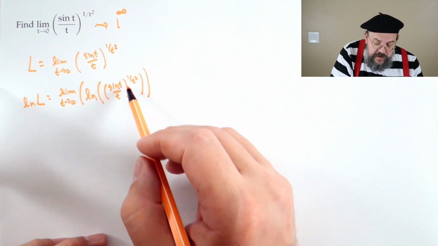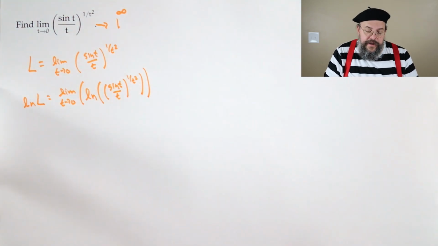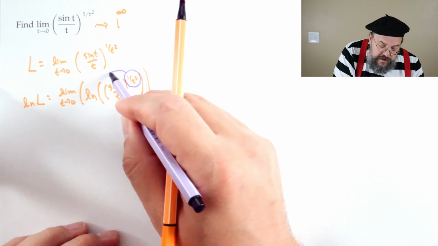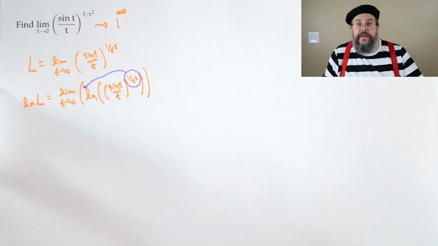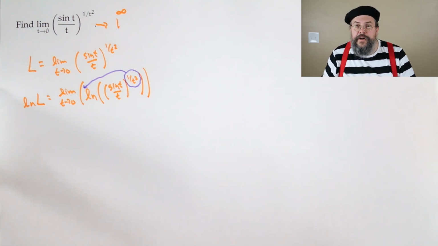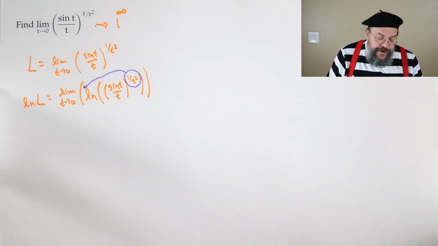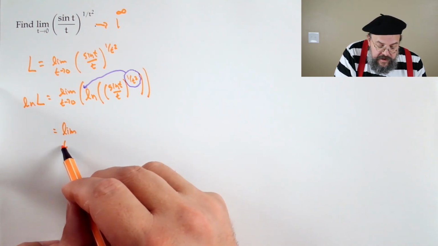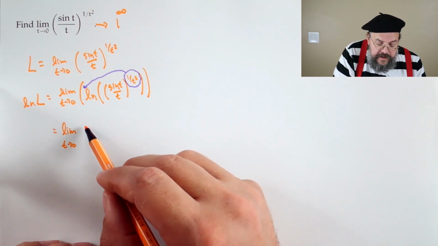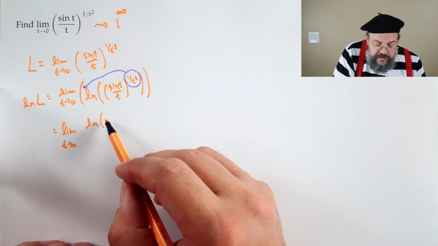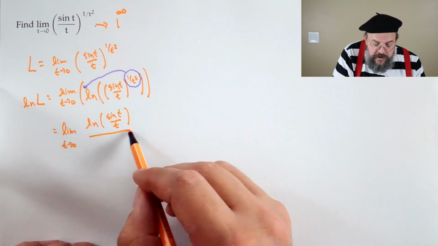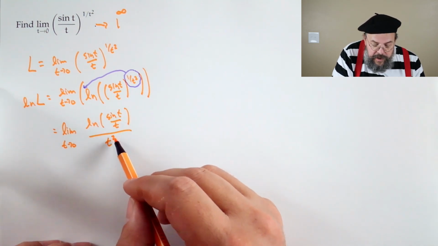This 1 over t squared comes all the way down. What do I mean by that? Well, really, this 1 over t squared comes down in front, but of course, it's already over t squared, right? So that says it really becomes the t squared in the denominator. So we now have that this is our limit as t goes to 0 of the natural log of sine of t over t, all over t squared.